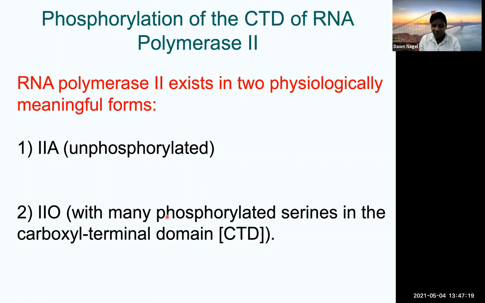And when it's phosphorylated, it's considered RNA polymerase 2O, okay? What gets phosphorylated is this C-terminal domain of RNA polymerase, and the amino acids that get phosphorylated are serines, okay?